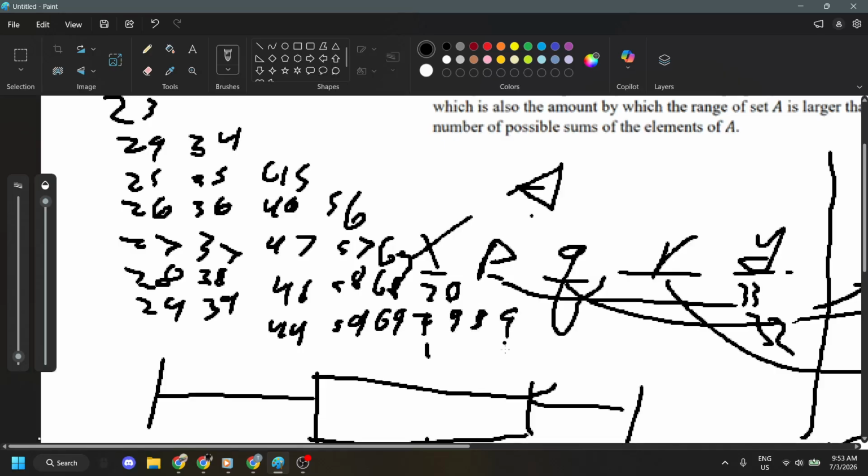So we have all of these different values for P and Q.